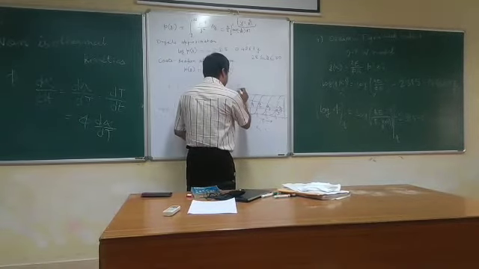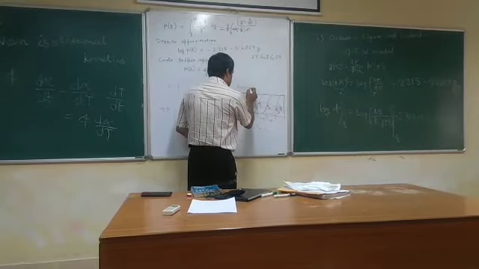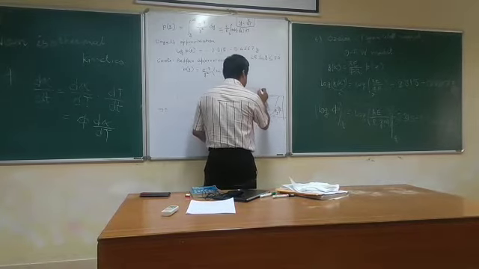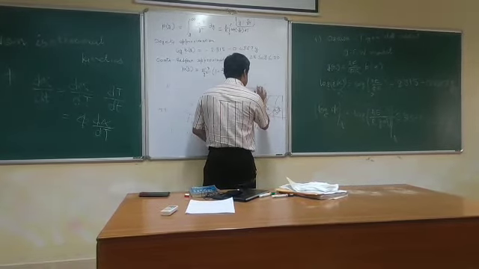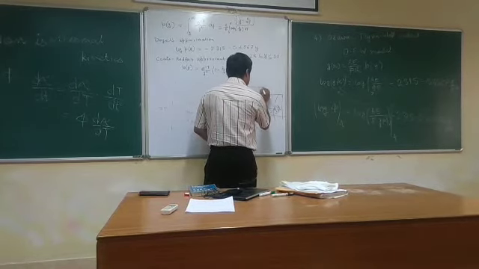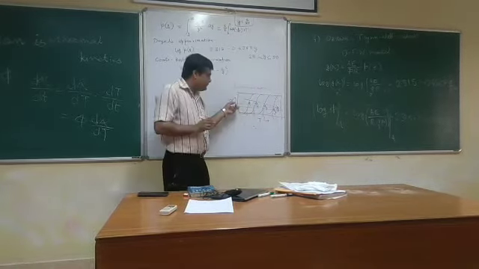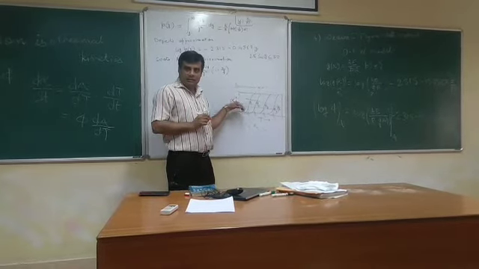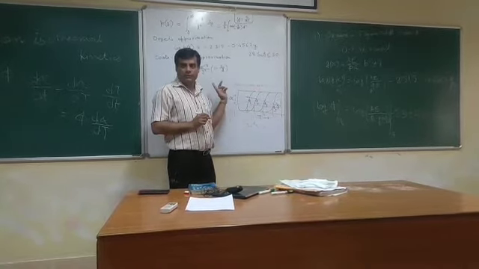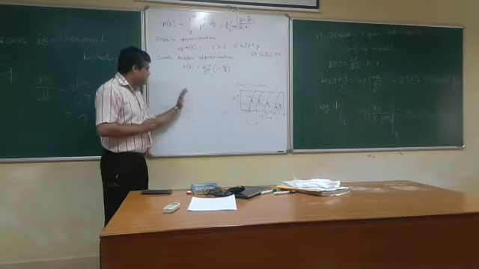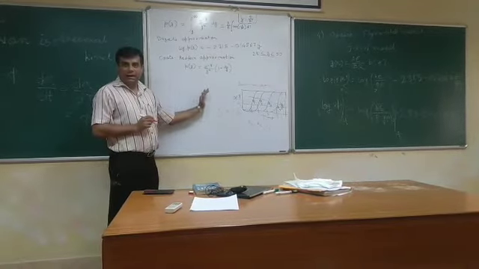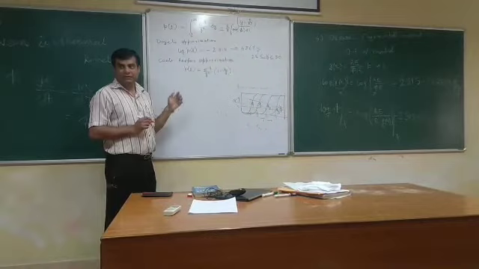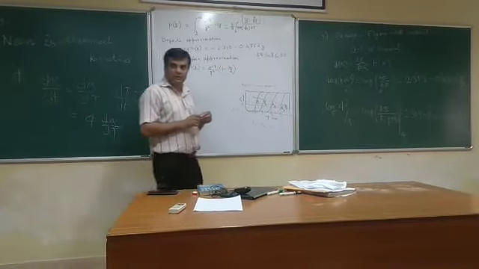This is a method of finding activation energy. Isoconversion means that for a fixed conversion value alpha 1 you are finding the E value, and similarly for different fixed alpha values you are finding E. So this is the isoconversion method.